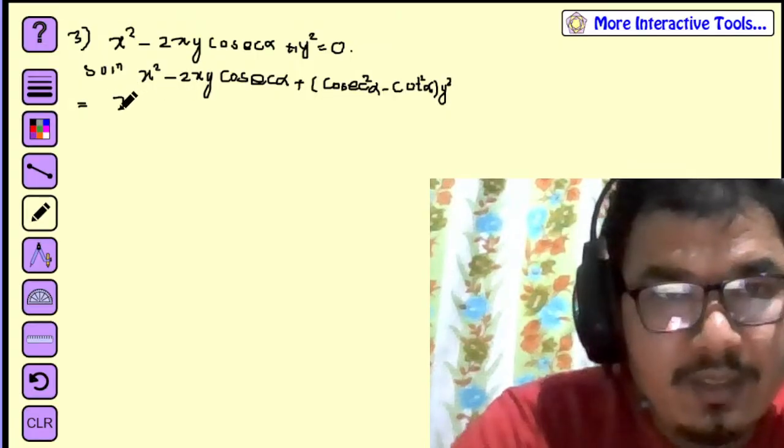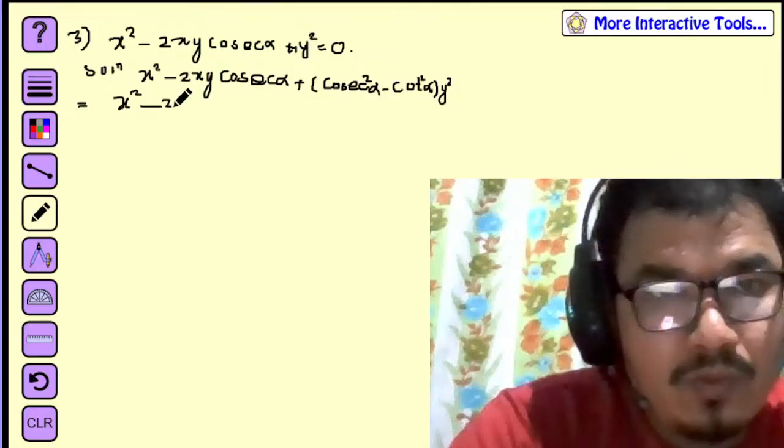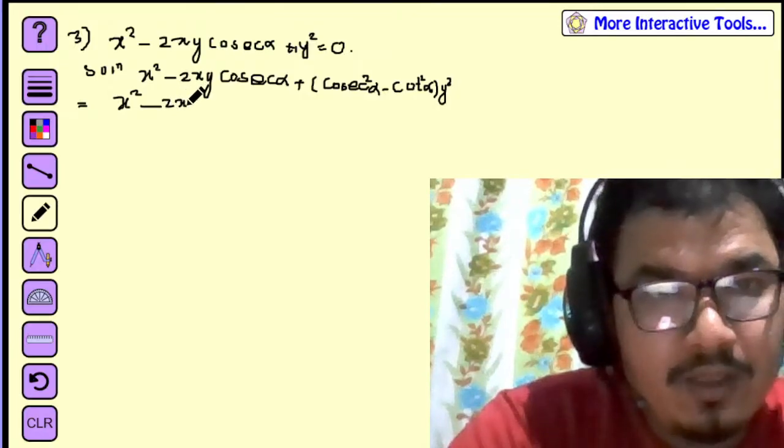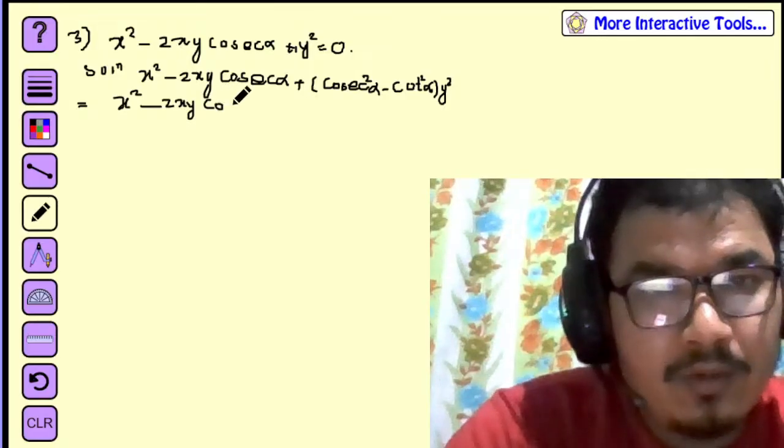And here, x square minus 2xy cosec alpha, and now open this bracket.